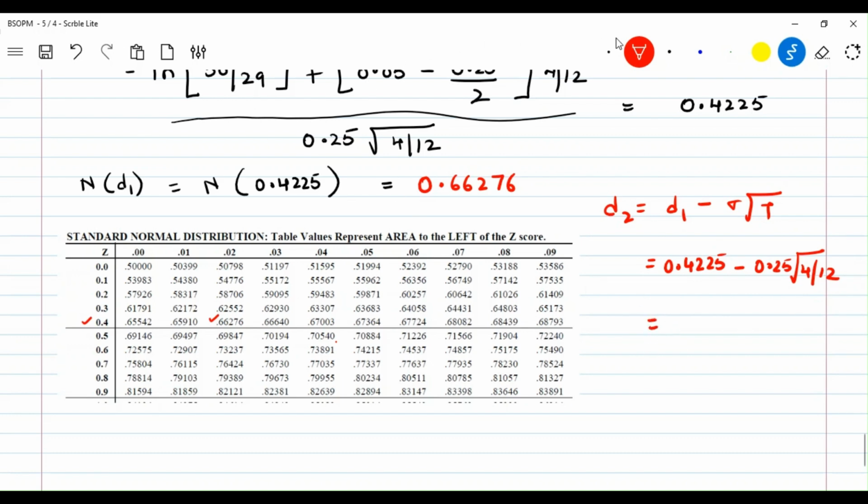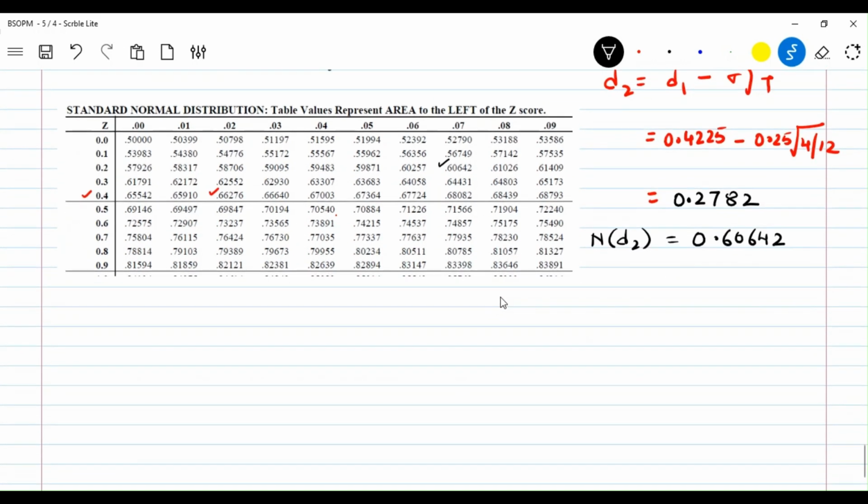Once you calculate this value, you are going to get an answer close to what I am calculating now, which is 0.2782. Once you have this value, I have to calculate the value of ND2, which from the table is 0.60642.